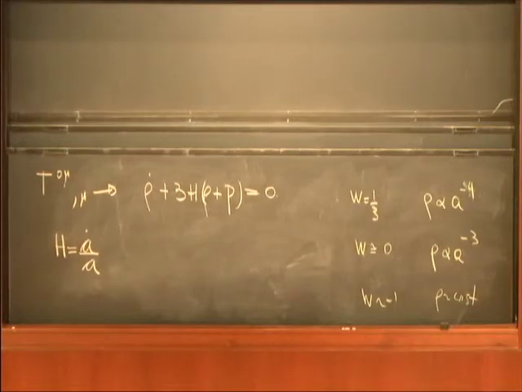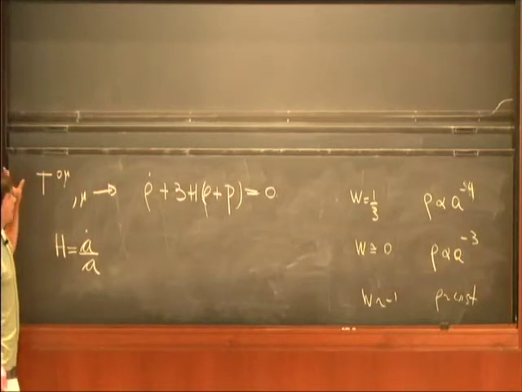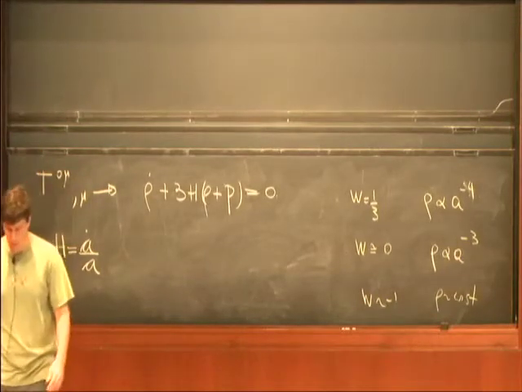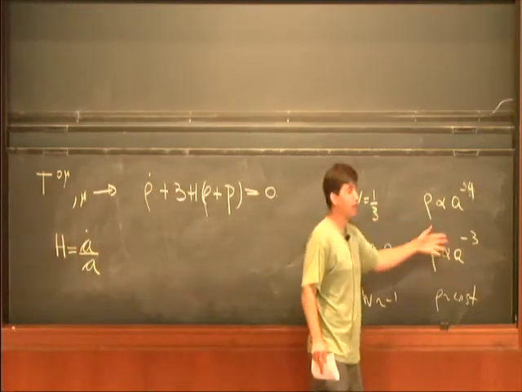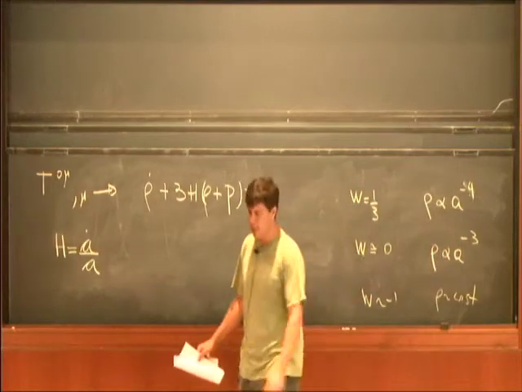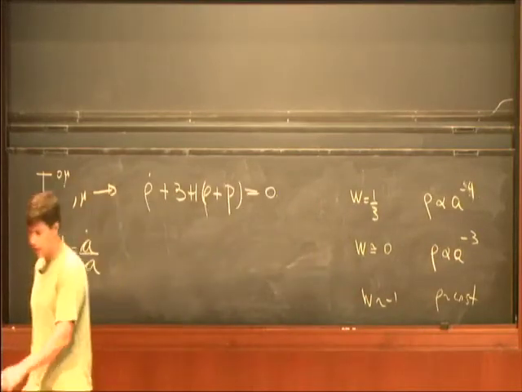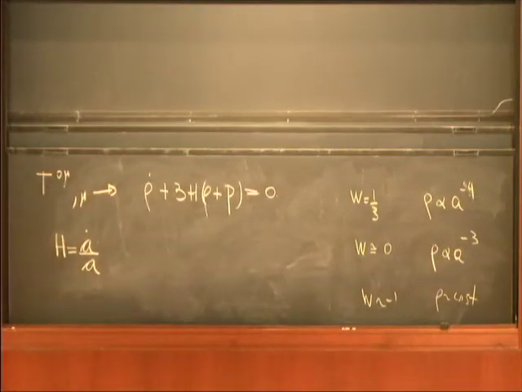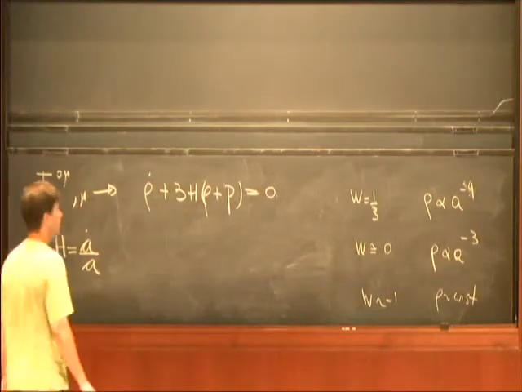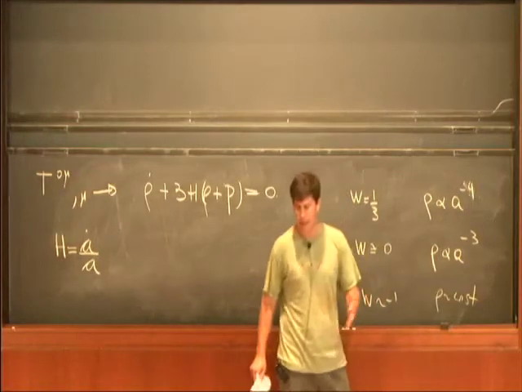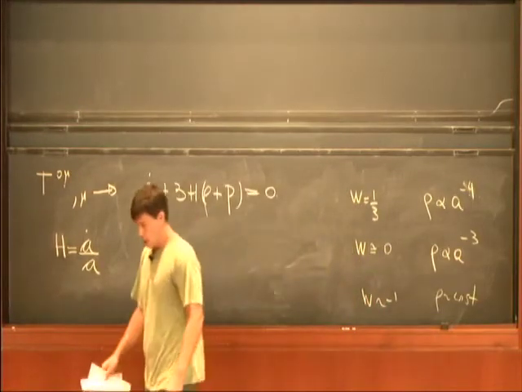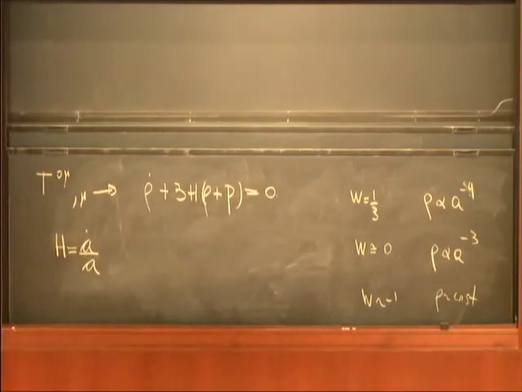But the point I wanted to make is the following: these different forms of matter in the universe have energy densities that scale with the scale factor in different ways. The universe has expanded by a huge amount since the Big Bang, and so these different components have dominated the energy density of the universe at different times.